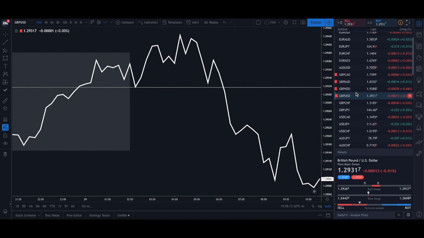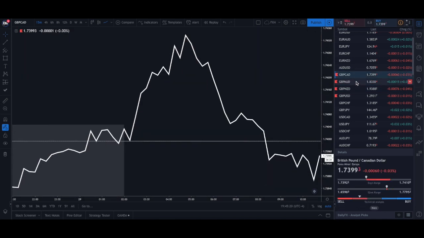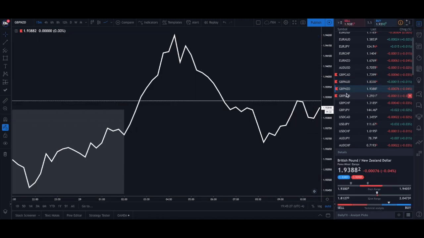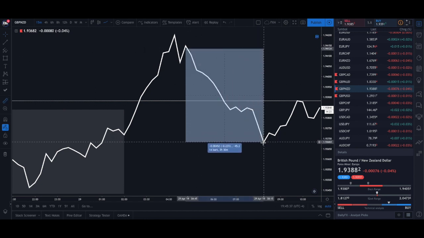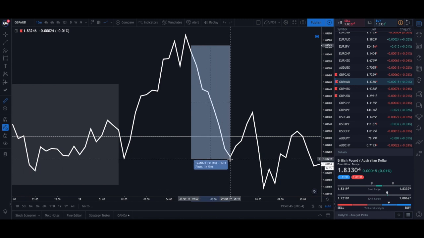but you see how each pair, the actual move total wasn't the same, right? You can see how pound AUD went all the way down and pound NZD did not. Pound NZD only came to the middle of the range, right? So this move on pound NZD was about 45 pips. The move on pound AUD was about 33 pips.